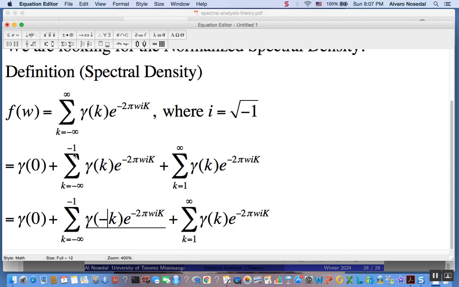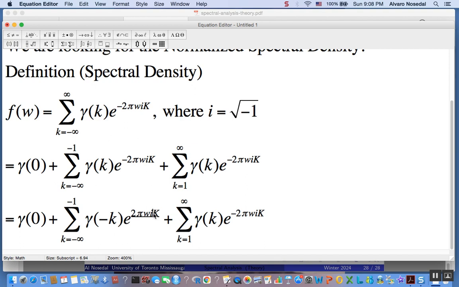If you had k equals -2, it would be the same as 2 pi w i times -k, and instead of a -2 for k, you would have positive 2. Makes sense what I'm saying here?